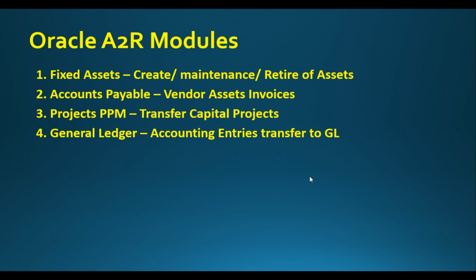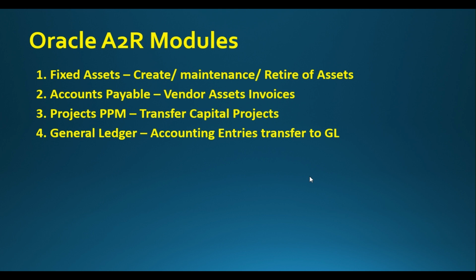So these are different category heads, right? You can create those asset categories, and a depreciation method is attached to each category the moment you create an asset. So by default the depreciation method follows that particular category.